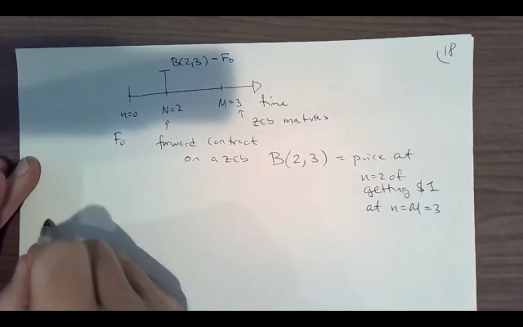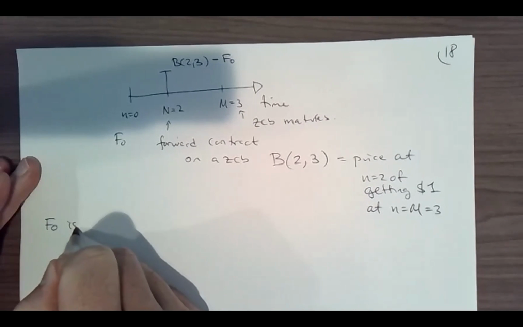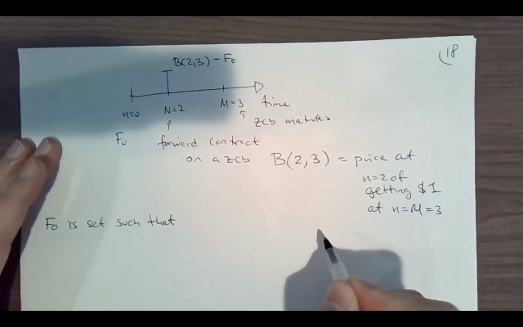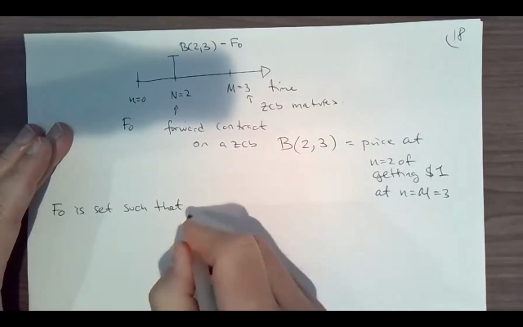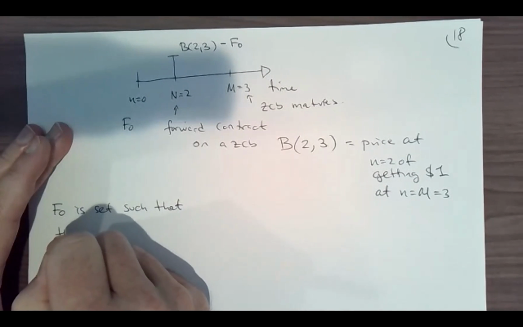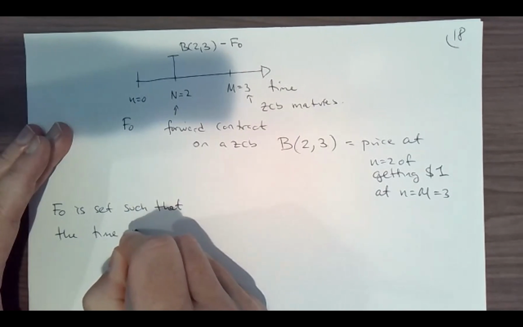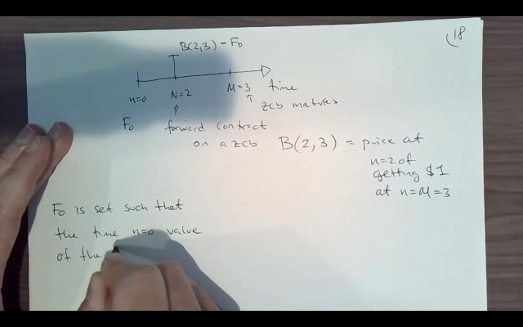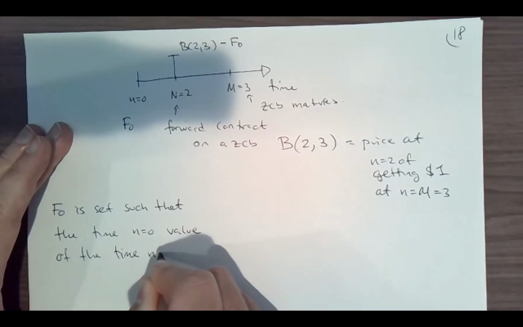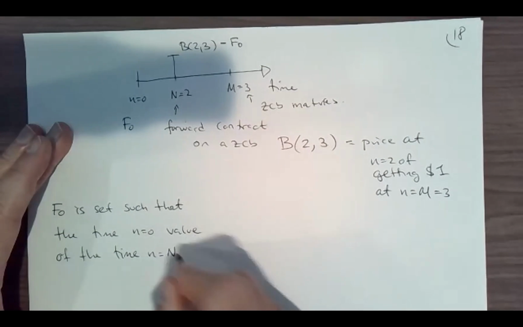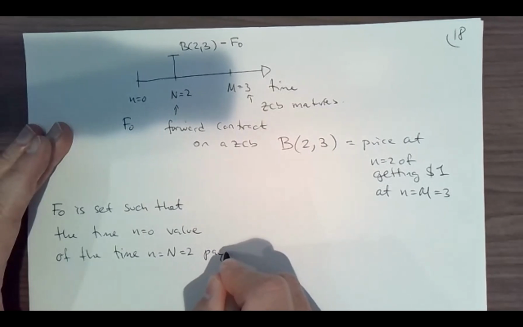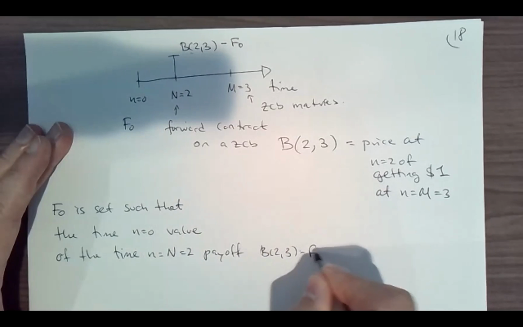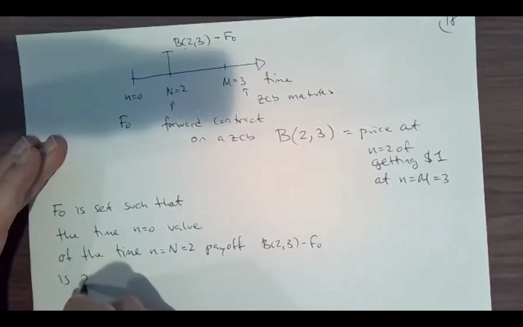So F0 is set such that the time zero value of the payoff B23 minus F0 is 0.